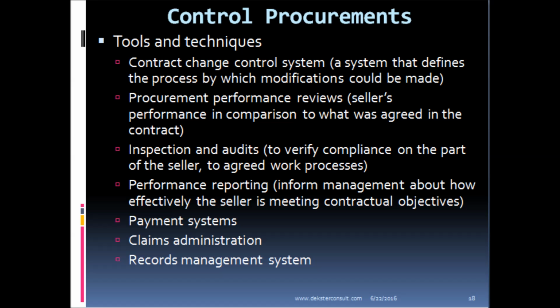And we will undertake procurement performance reviews, seller's performance in comparison to what was agreed in the contract. We will be holding inspection and audits. This is to verify compliance on the part of the seller to agreed work processes. Performance reporting informs management about how effectively the seller is meeting contractual objectives.